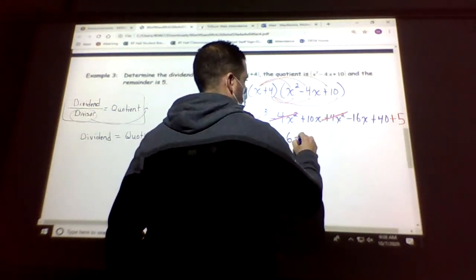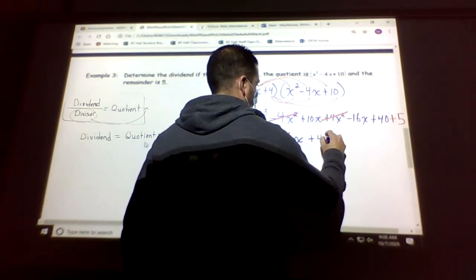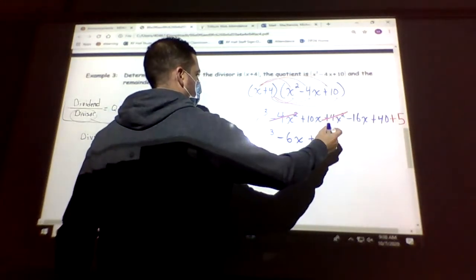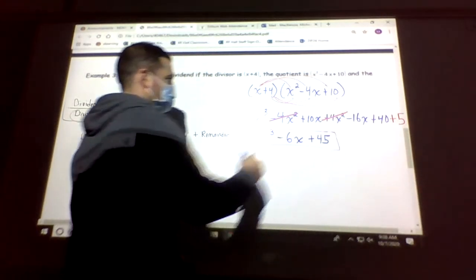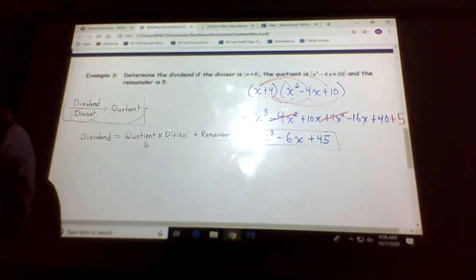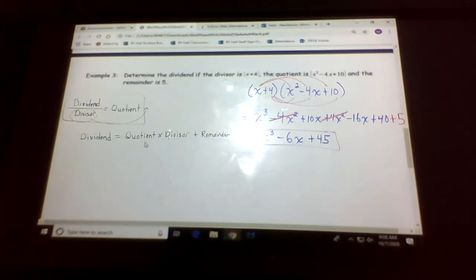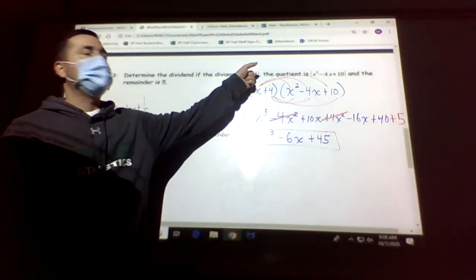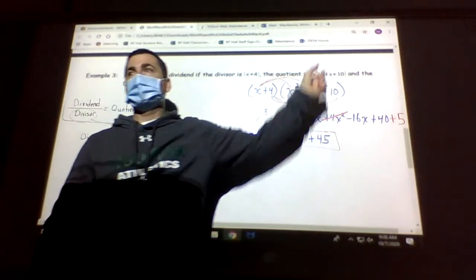Minus 6x plus 45. And if you ever want to check it, you can now divide if you want to go backwards. Take this, divide it by that, and you should get that as the answer.